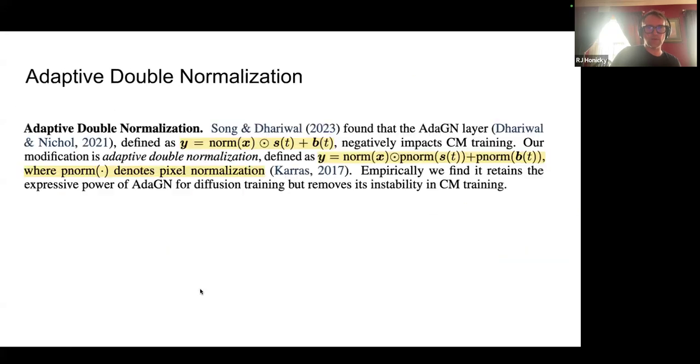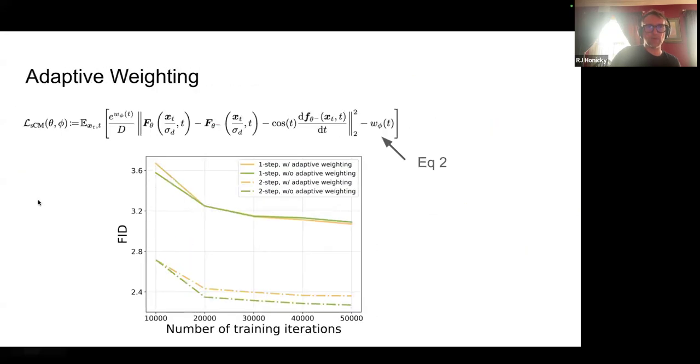So when they derive the loss function, they just throw in that weight term, and that seems to help a little bit. This yellow, oh, no, actually, it looks like it's better in some cases, but as you go, it looks like it's worse. Or no, I guess if you do 2 steps, then it's worse. If you do 1 step, it's slightly better. So it doesn't look like it matters that much.